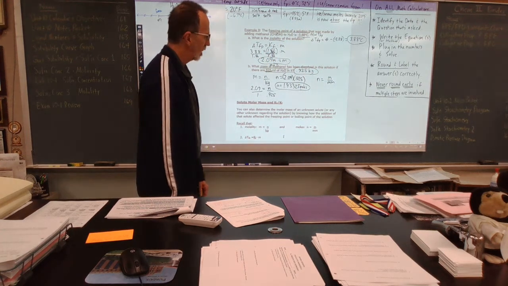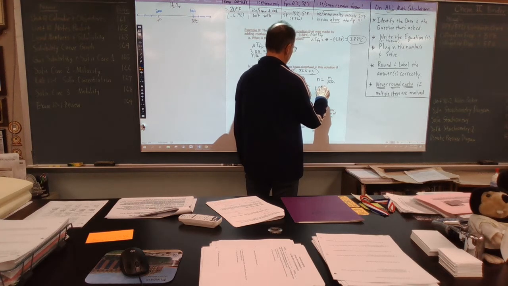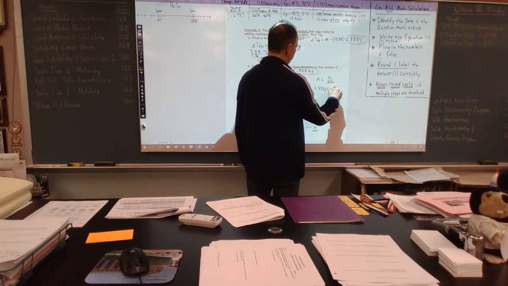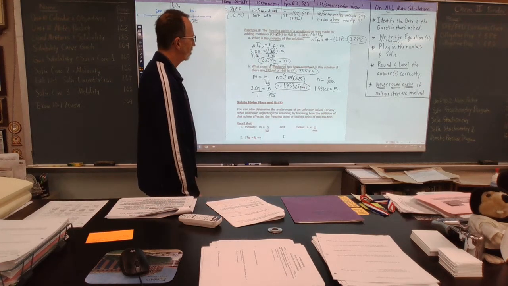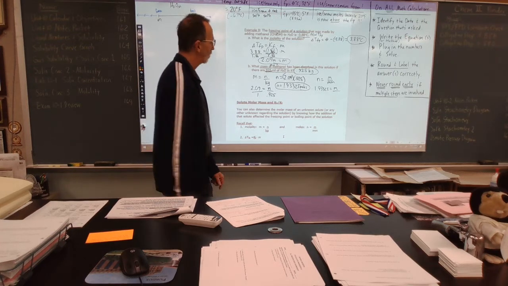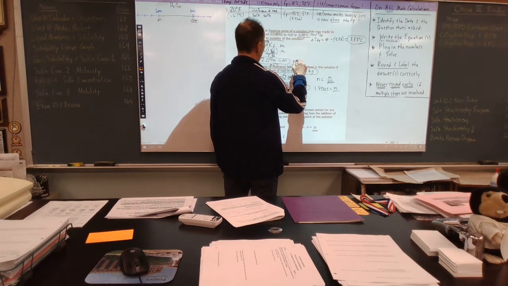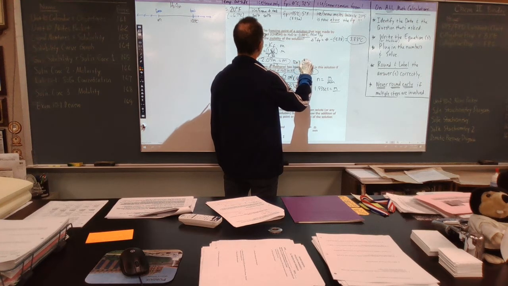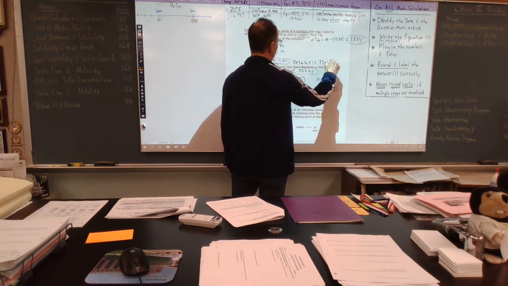Our little shortcut there, N equals M over MM. So the moles is 1.93325 equals M over. So we need the molar mass of methanol, which is CH3OH. Again, hopefully you remember that from organic. So we got 12, 3, 16, and 1, which is 32 grams per mole for methanol.